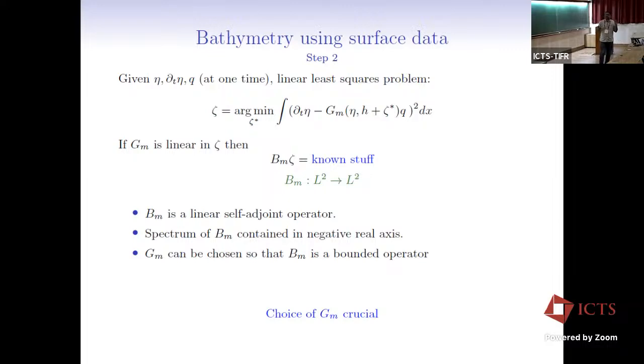So model choice is important. We can prove a whole bunch of stuff about this particular operator when G is linear: that it's a self-adjoint linear operator, happens to be bounded if you make the right choice of the model, and that the spectrum is contained in the negative real axis. So all of that is to say, yes, you can choose any G, but some Gs are better than other Gs. And you have to pick those that are amenable to analysis, that are amenable to the reconstruction.